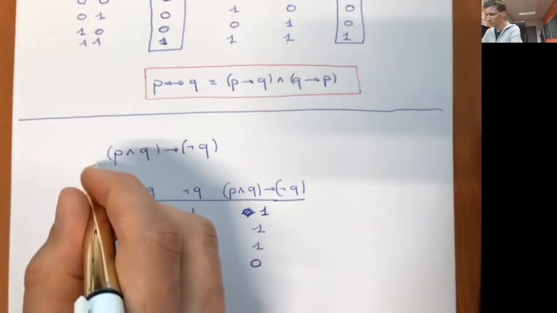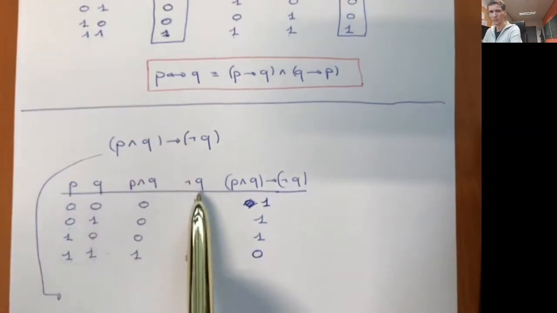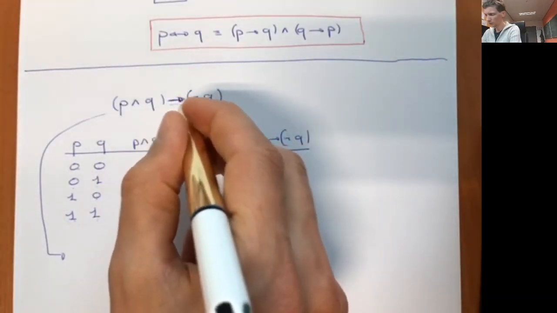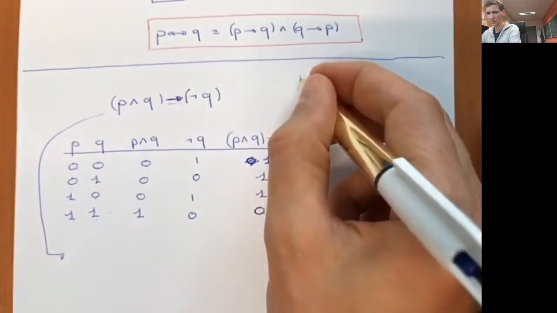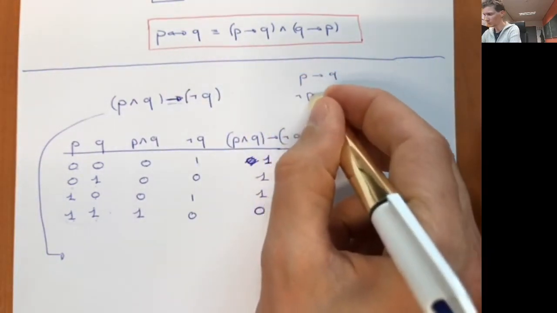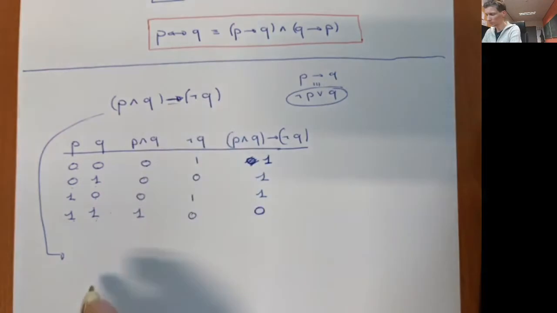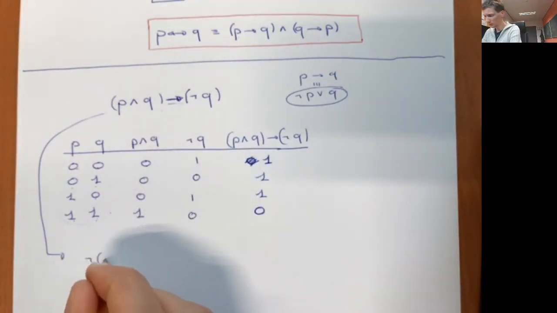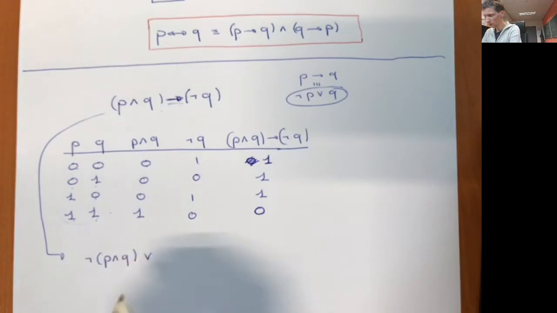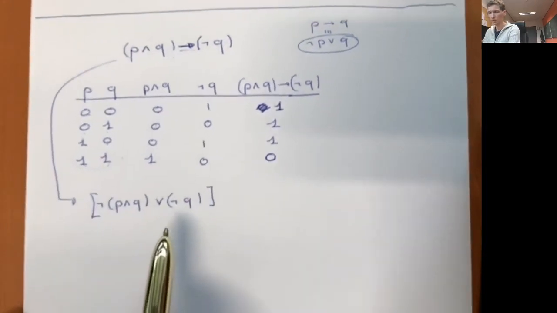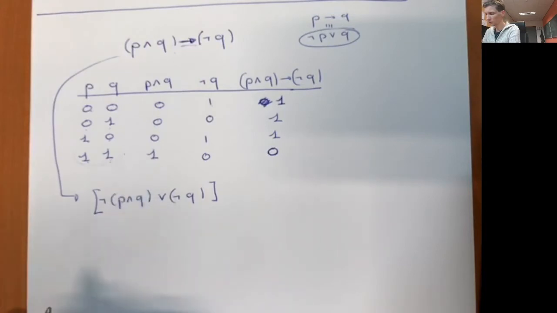Okay, so how can you also see this? Well, one way to rewrite the first formula is first try to simplify the implication, right? So we have seen, for example, that P implies Q is the same as negative P or Q. So if you substitute the implication here, then you have negative (P and Q) or negative Q. And then we can use De Morgan's law for logic in order to simplify this first part here.